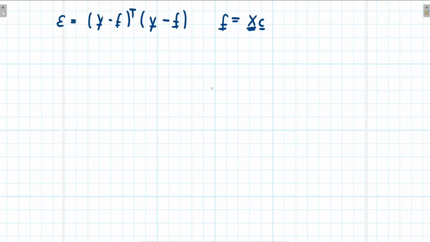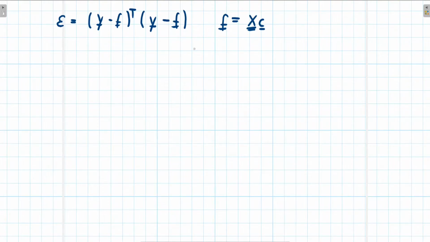So epsilon is equal to (y minus f) transpose times (y minus f). And our expression for f that we've shown before is our matrix X times our coefficient vector C.